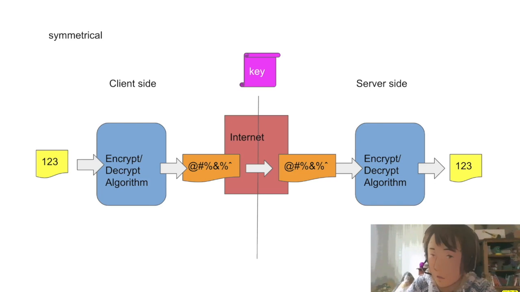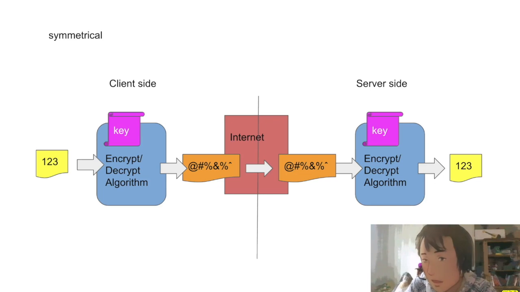The server side and client side will use the key, but how do we get the key? Normally there are three ways. One is someone generates a key and sends it to the client side and server side, and then they use the same key to encrypt and decrypt. Or the client side generates a key and sends it to the server, or the server side generates it and sends it to the client side.